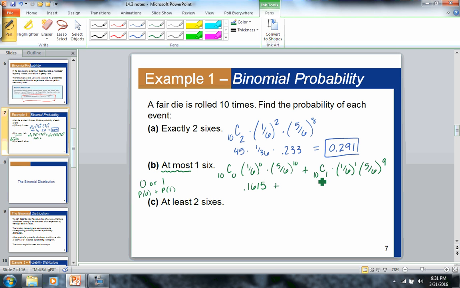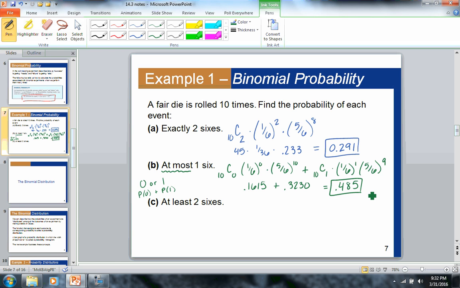And then the 10 combination 1 and the 1/6 to the first power, that's just 1/6, and then the 5/6 to the 9th power, when you multiply those all together, you should get 0.3230. So when we add those together, we'll get 0.485. So 48.5%. So that could happen. That's almost a 50-50 chance that that could happen.